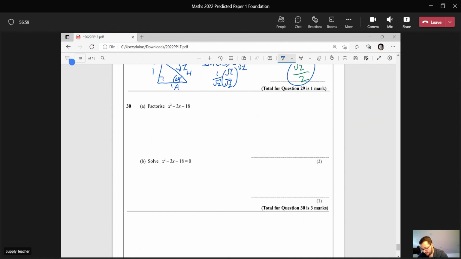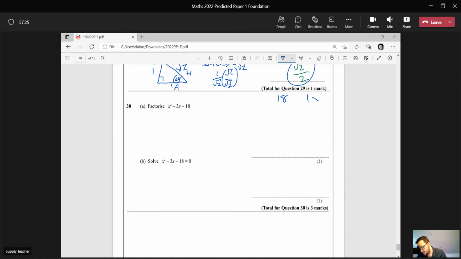Right, 30 then. I think this is the last question. So it just says factorise x squared minus 3x minus 18. Okay, well, all I want to do here is figure out two numbers that times to make minus 18 and add to make minus 3. So, oops, let's just rub that out. So I always start with the times, so I'm thinking about 18, what factors go into that.